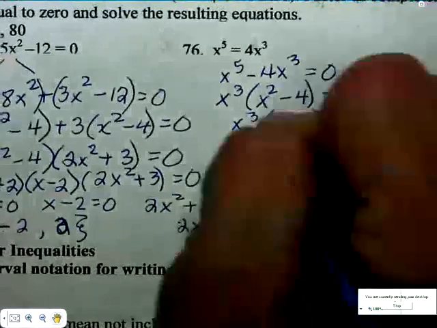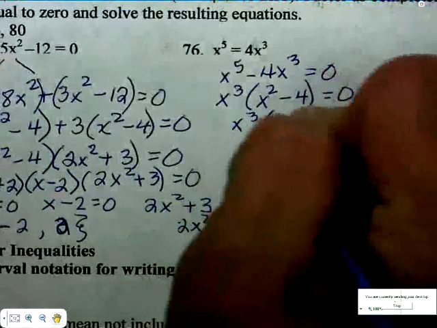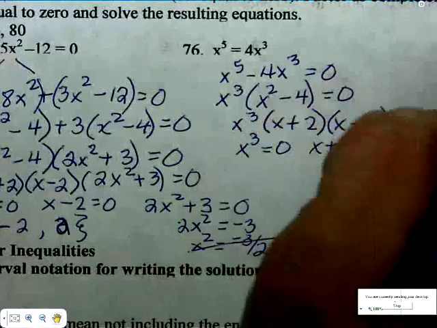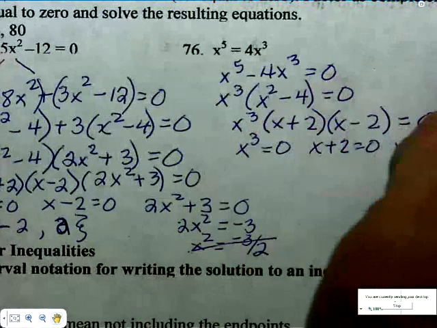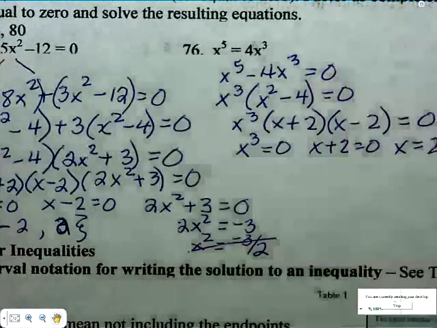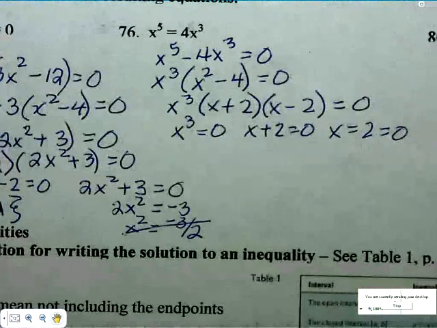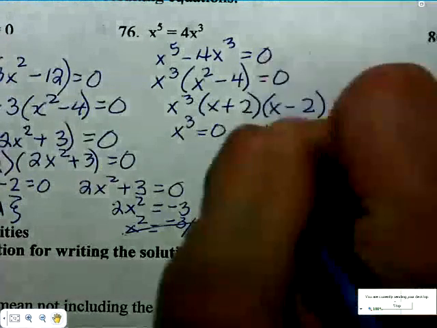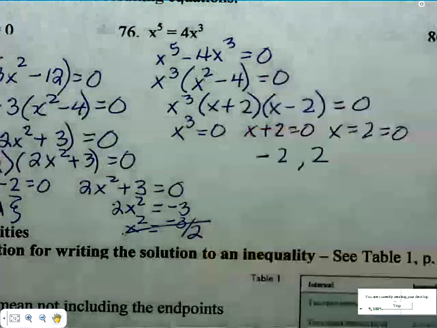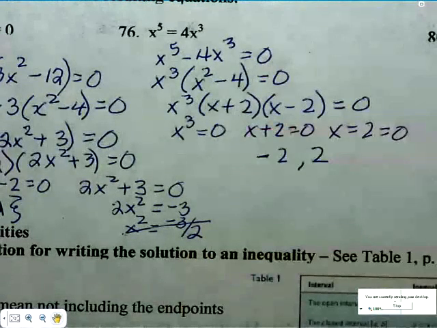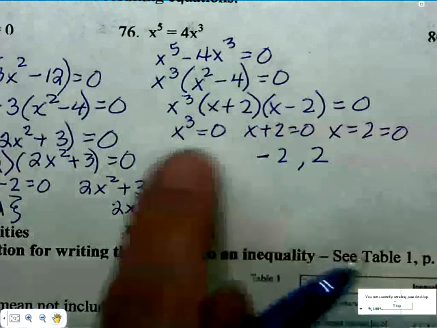When I set those three factors equal to 0, I know I'm going to get the same two solutions that I had in number 44. I know I'm going to get -2 and +2. What about that x cubed equals 0, though? Is there a solution to that equation?